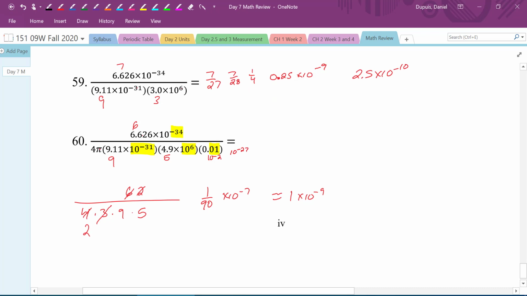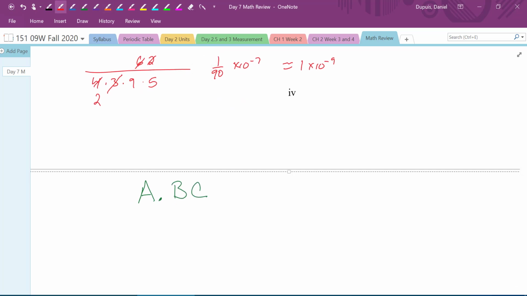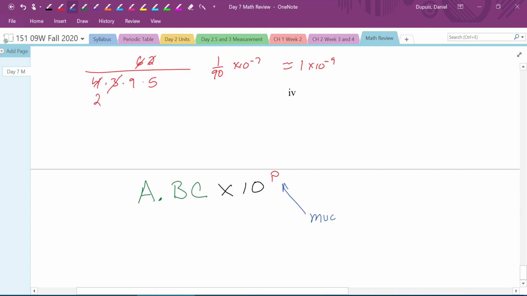Because in scientific notation, when you have numbers, it doesn't matter what the numbers are. A dot BC times 10 to the power P, we'll call it P. P is way more important than those numbers up front. Okay? P is much, much more important.